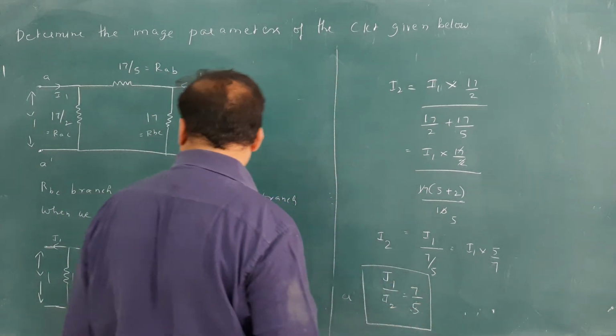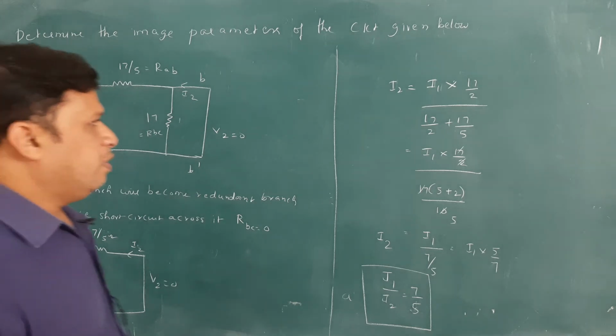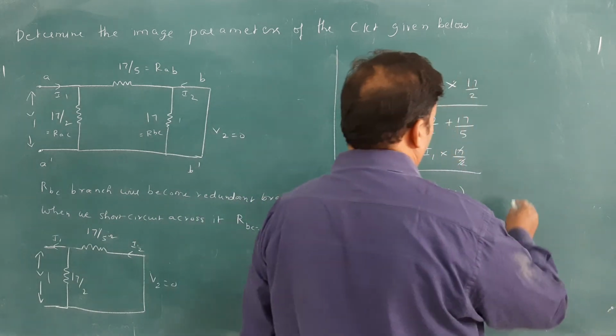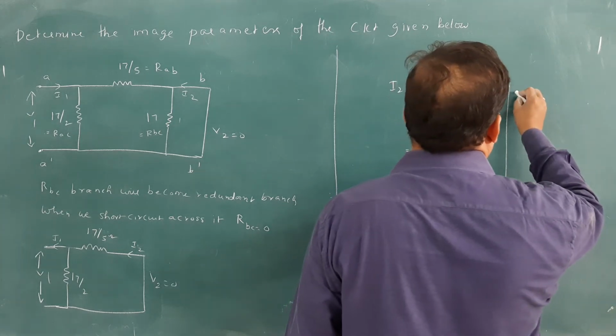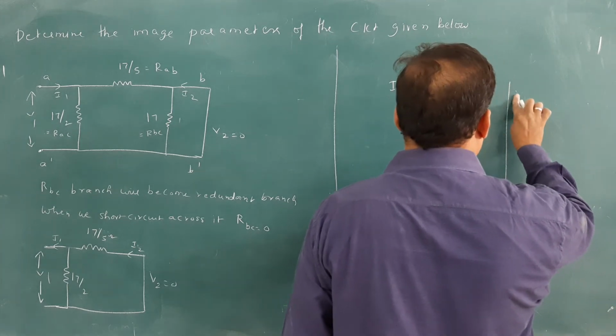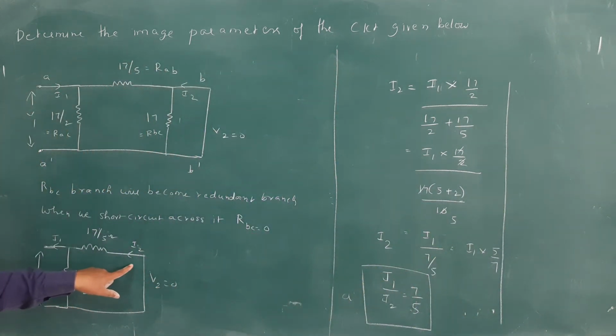Now in the same way, from this figure, we can calculate the value of V1 by I2. So what we do here is we will find out V1 by I2 also. How to find out this V1 by I2? I2 is present here and V1 is there here. So V1 is equal to I2 into 17 by 5. Why? Because this is the voltage drop.